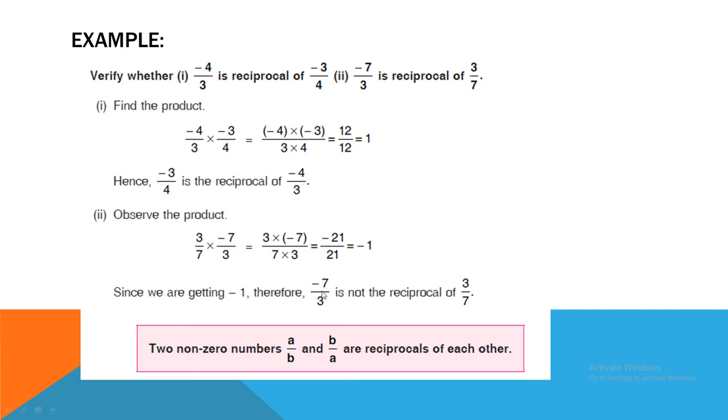Hence, minus 7 upon 3 is not a reciprocal of 3 upon 7. Clear? Two non-zero numbers a by b and b by a are reciprocal to each other. If they are reciprocal, then their product must be 1. Okay.